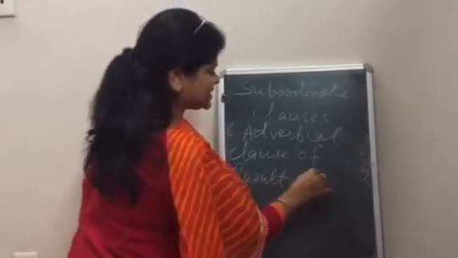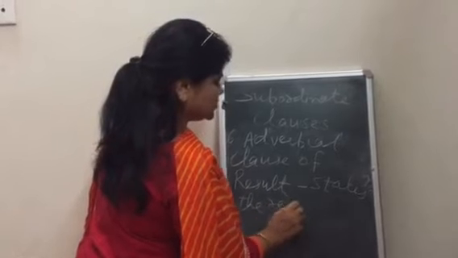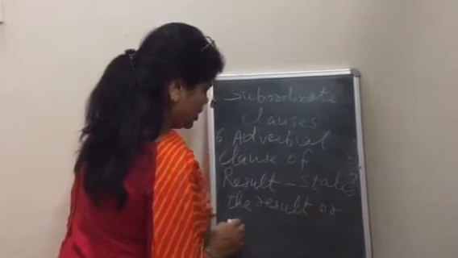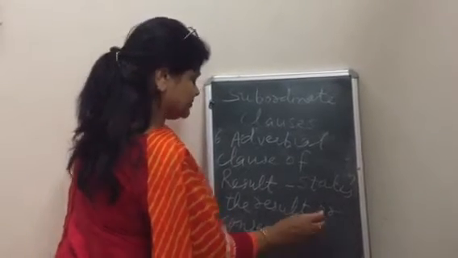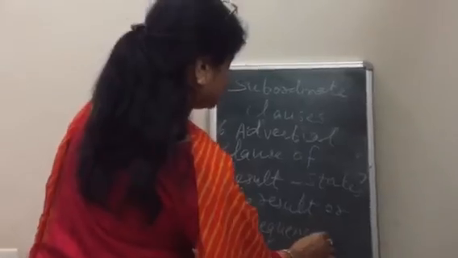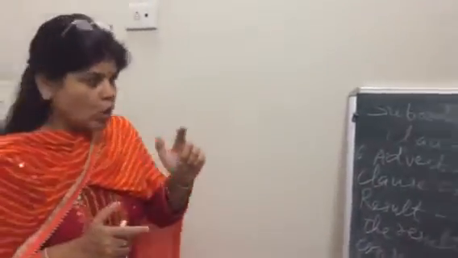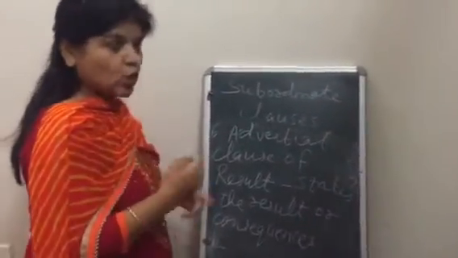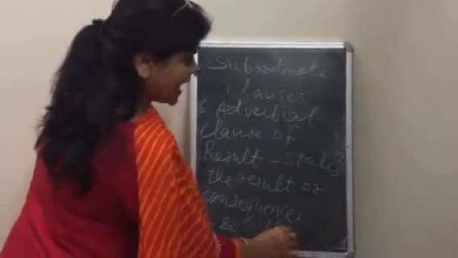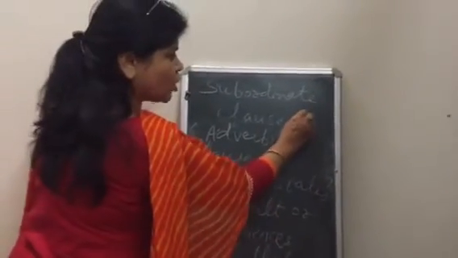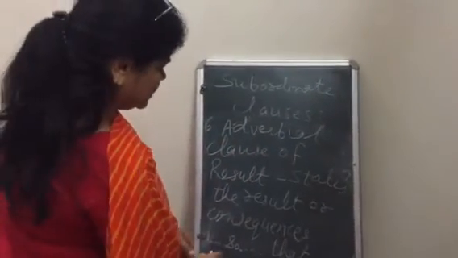It states the result or consequences of some action that happened. And the adverbial connectors are so that. Now, so that you have to use this way. So that, it's not combined. The example will make you clear.